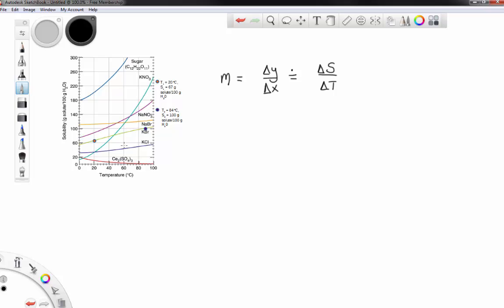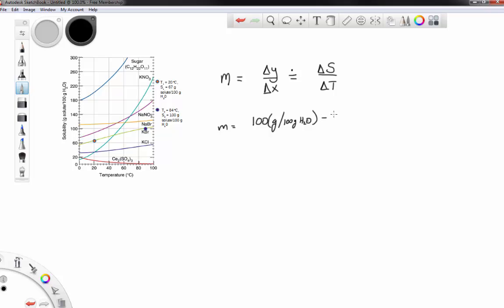So the change in solubility is going to be this 100 minus this 67, so the slope is going to be basically 100 grams per 100 grams water. Strange units, I know.